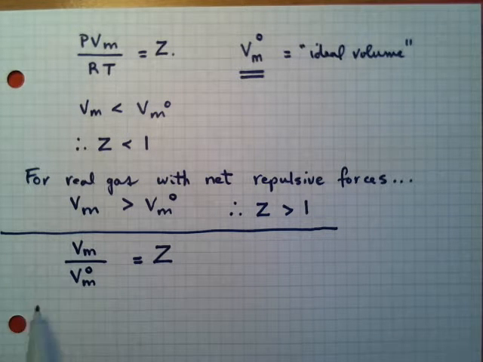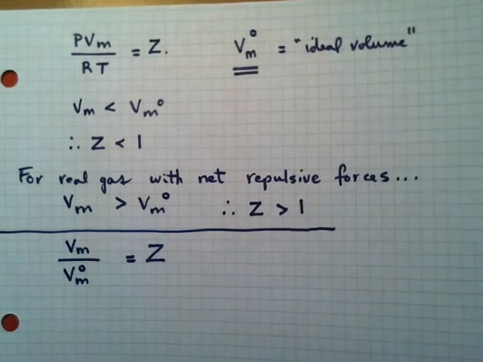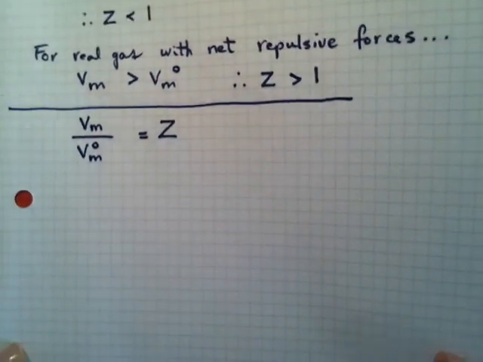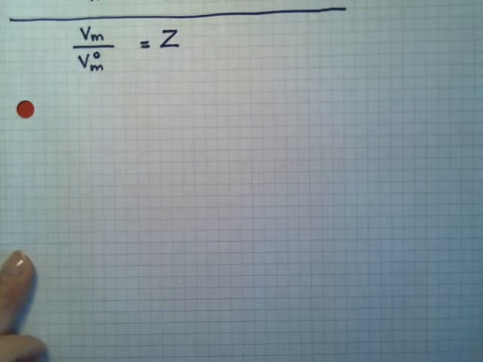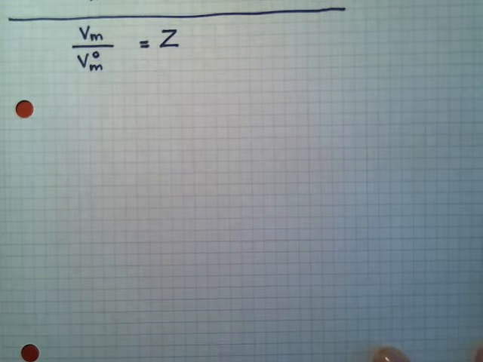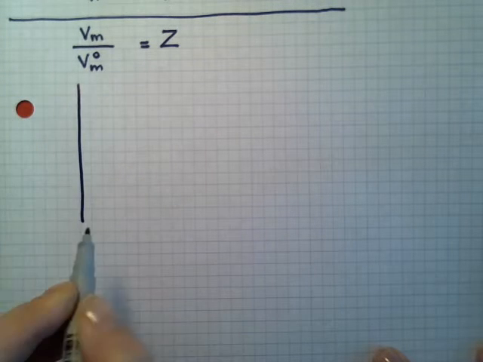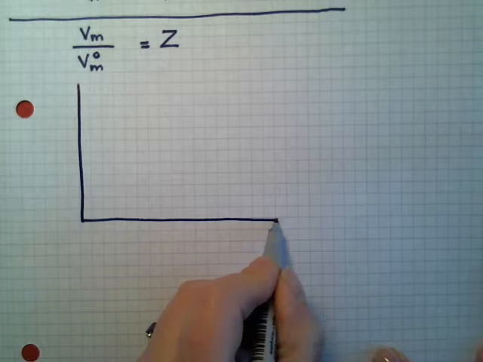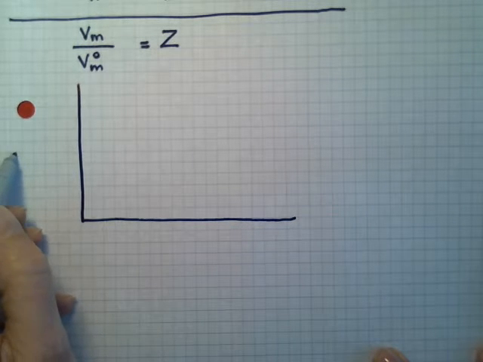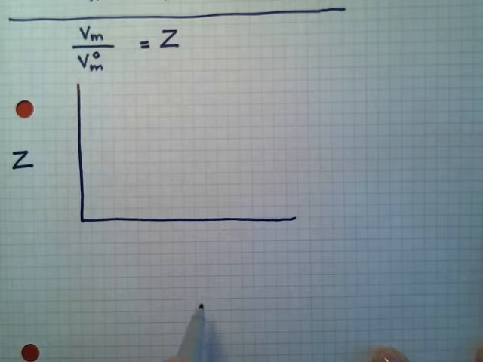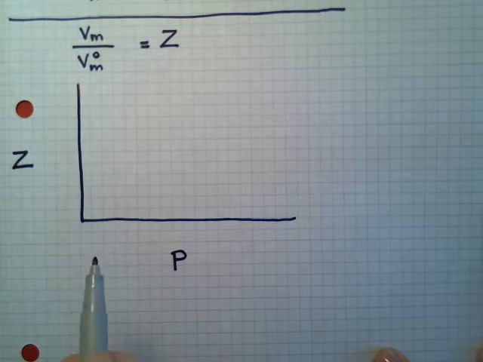Well, let's advance this page. And let's actually sketch. We can actually sketch, and this is one of the learning outcomes you need to be able to achieve. Let's sketch the dependence of the compression factor for different gases with pressure.